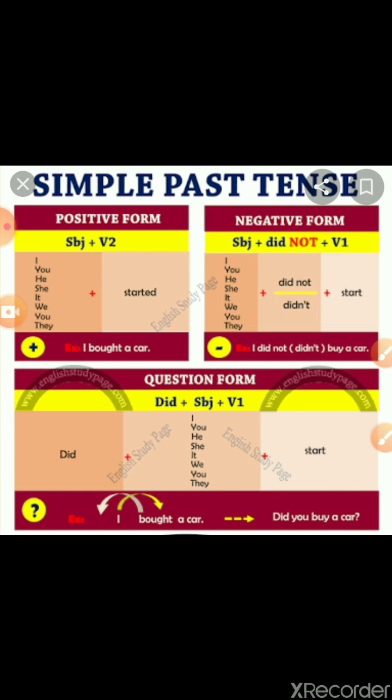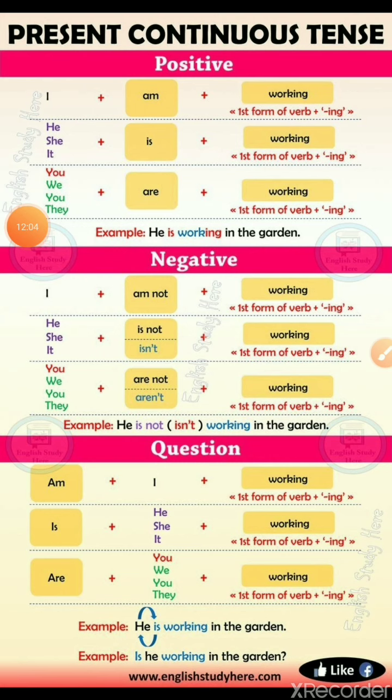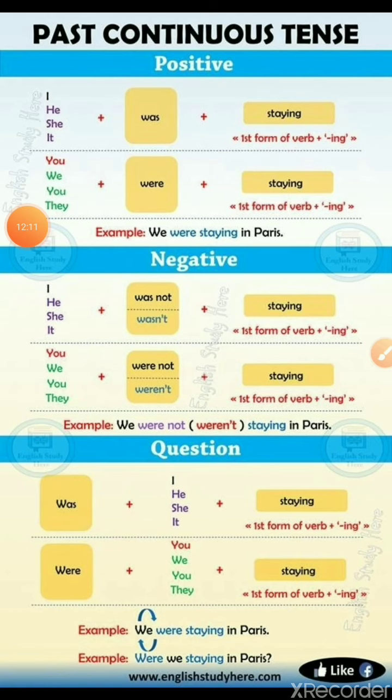Now we are moving to the second portion, about past continuous tense. We have the same format here. If you understood the present continuous tense, you will not find much difficulty understanding the past continuous tense.